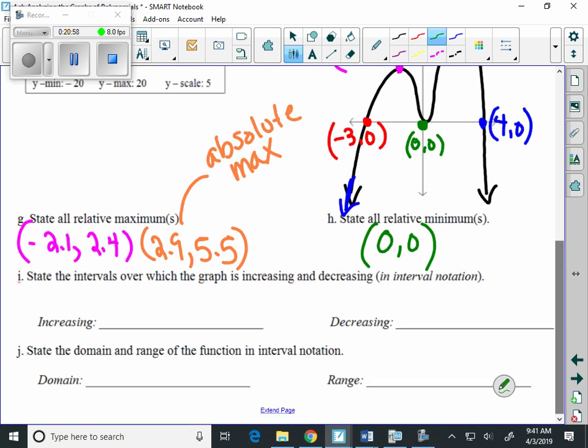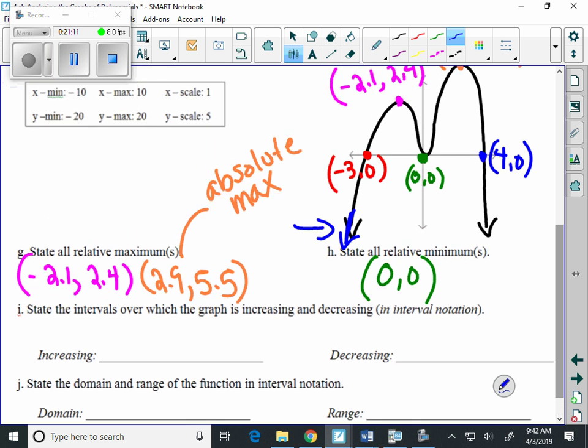And then we want to state the intervals over which the graph is increasing. I'm going to start at the far left here. And we're going to go up, up, up, up, up, up, up. We're going to go up until we get to the purple point. So it's going to be negative infinity to negative 2.1.